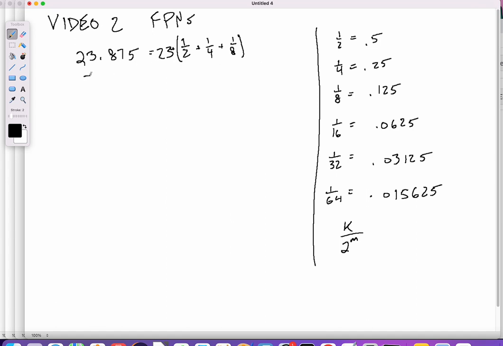So the 23 is equal to a 16 plus a 4 plus a 2 plus a 1. So that's 10111.